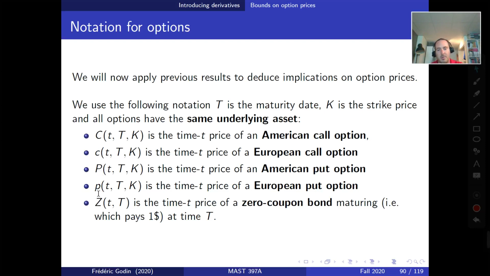Lowercase p will be the price of a European put option. And here Z_t(T) is, as previously assumed, the time t price of a zero coupon bond maturing at time capital T, by which we mean it pays exactly $1 at that time. So this is the notation we're going to use in upcoming slides to discuss bounds associated with options.